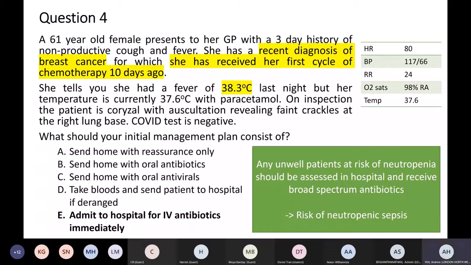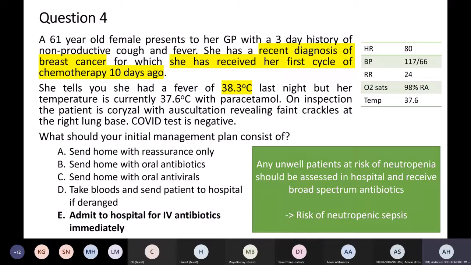this patient has recently had chemotherapy. She's going to be at risk of neutropenia. Anyone with a fever and signs of being unwell and who's at risk of neutropenia is at risk of neutropenic sepsis. That's an emergency. And so they need to go to hospital immediately for an assessment and, in this case, some IV antibiotics.